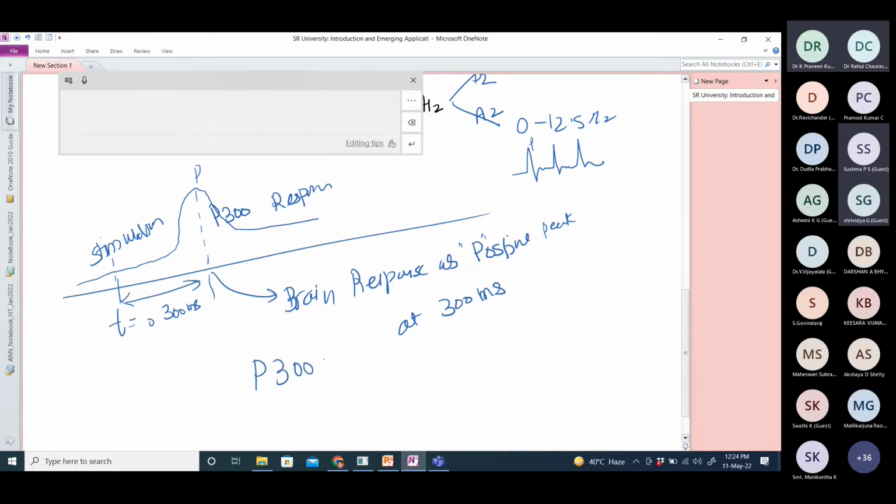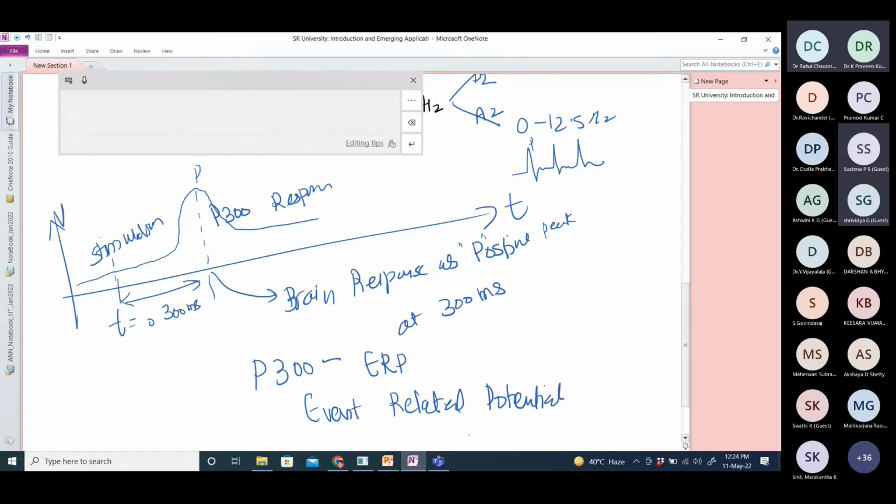Then ERP. ERP stands for event related potential. It is a potential, basically a voltage signal.